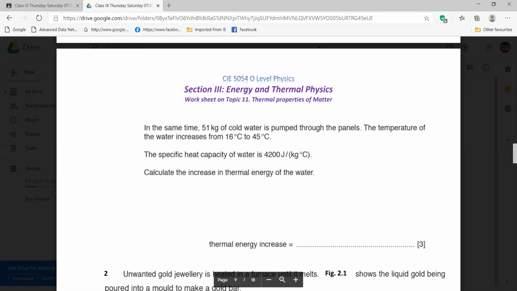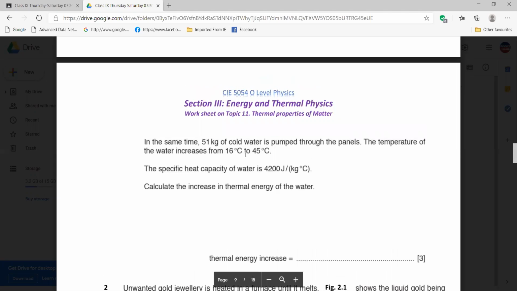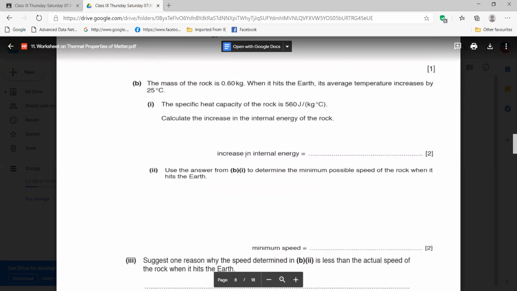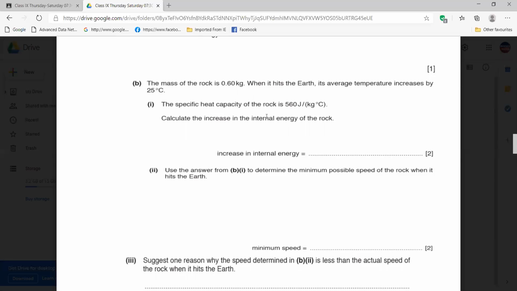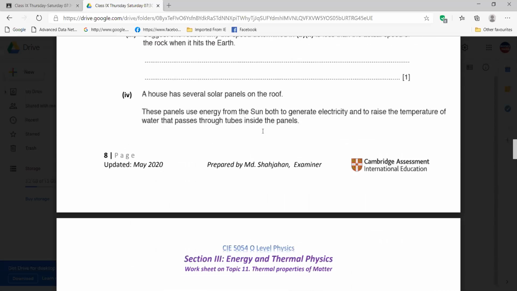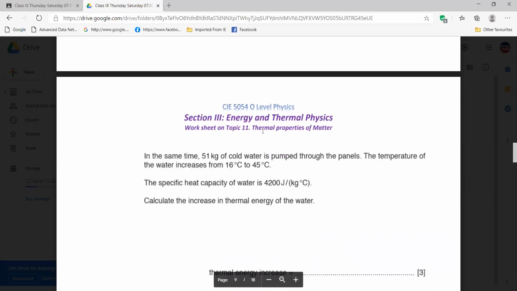Wait. Just now we did here, the same formula. B1, the formula we did: V equals root over 2KE by m.